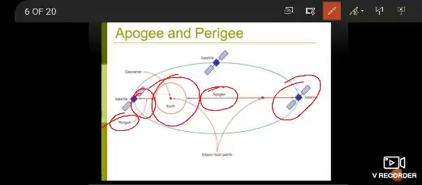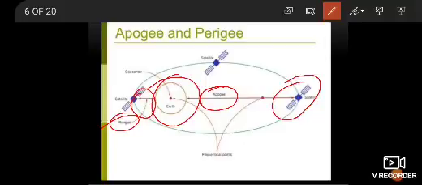And perigee means the point in an orbit where the satellite is located closest to the earth, that is the shortest distance. The distance between the center of the earth and the perigee is called perigee distance.